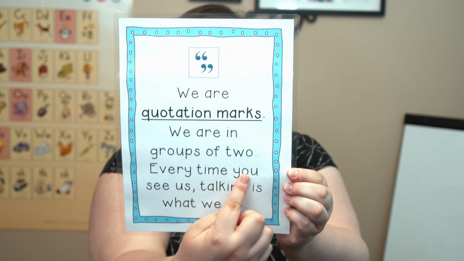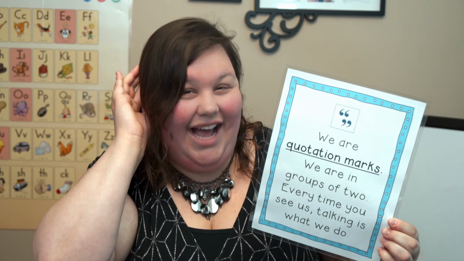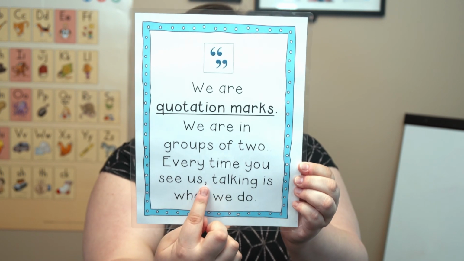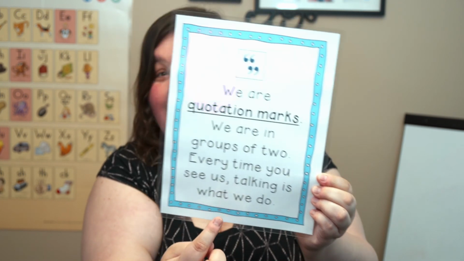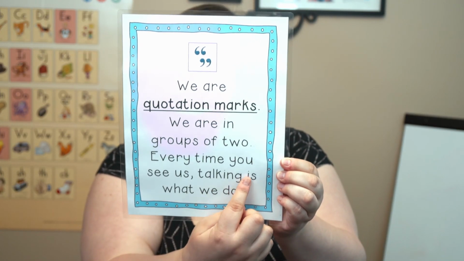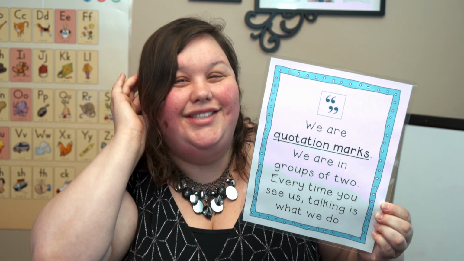Every time you see us. Oh, I see a comma and it's below the line. That's how I know it's not an apostrophe. Good job, my friends. Talking's what we do. Good job, my friends.